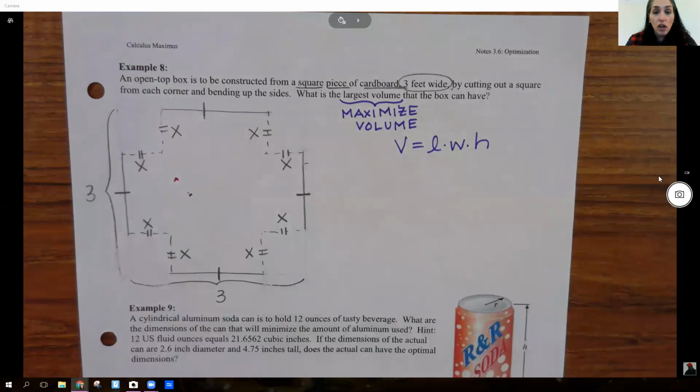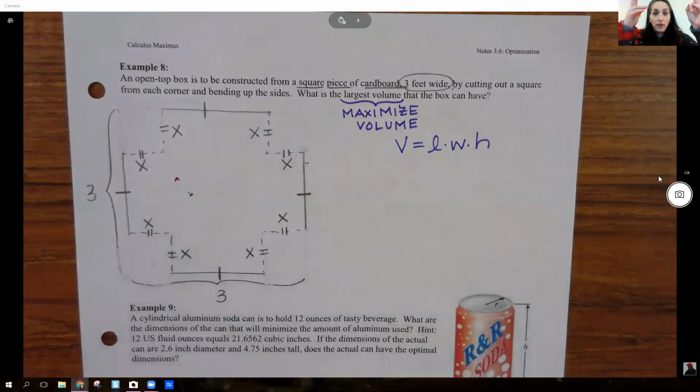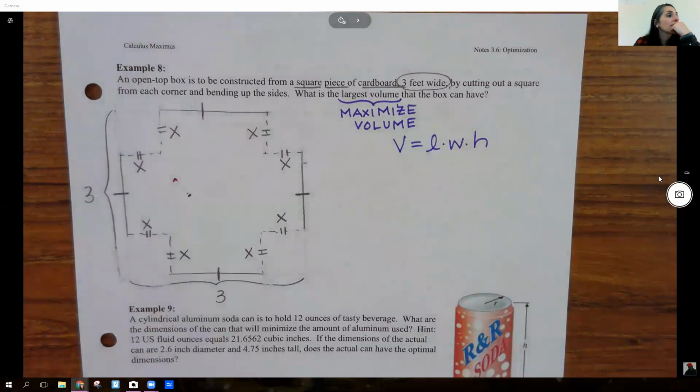Okay, let's talk about that. So this X, like I cut it out, right? And I fold up the sides and I fold up the other sides. What does this X become in relation to the box? The height. Right, this becomes the height.